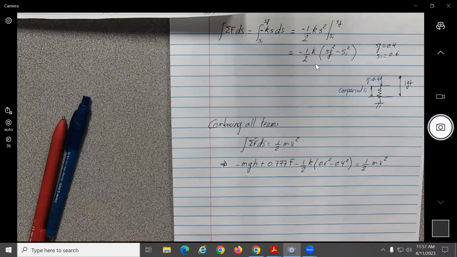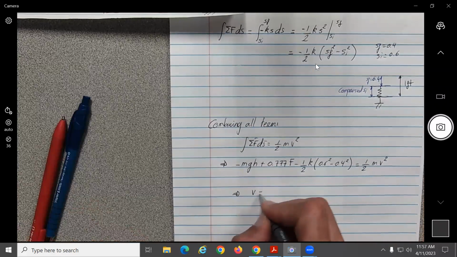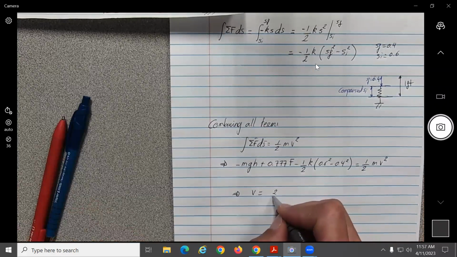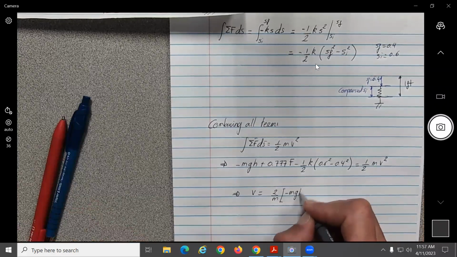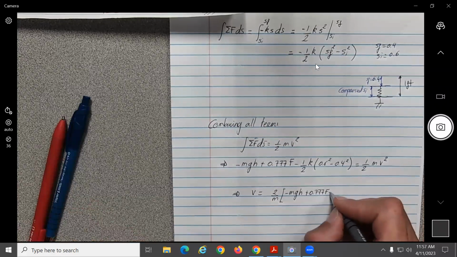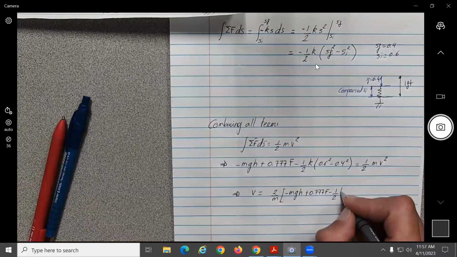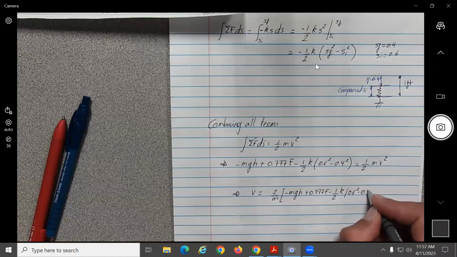I'm going to write it down, but I'm not going to do the calculations. You will have V equal to what? The square root of 2 divided by M times all this stuff over here: minus mgh plus 0.777 F minus one half K of 0.6 squared minus 0.4 squared.